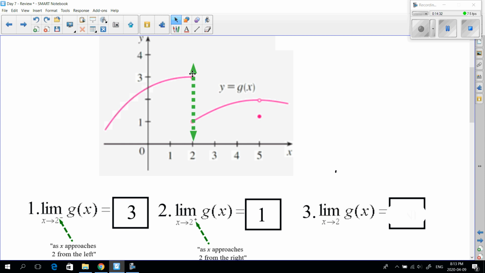I arrived at 2 different heights. The left-hand limit was 3, the right-hand limit was 1. That would indicate that the limit as x approaches 2 does not exist. Even though there was a left-hand limit and a right-hand limit, they were 2 different things. In order for this limit to exist, these 2 numbers would both have to be 3, or they'd both have to be 1, or they'd both have to be equal.